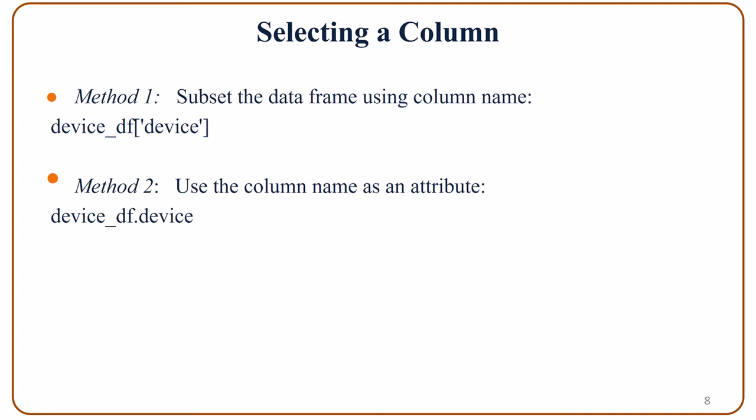How do you select a column? There are usually two ways. The first method is very much commonly used, more than the other, which is using the name of the column in quotes.